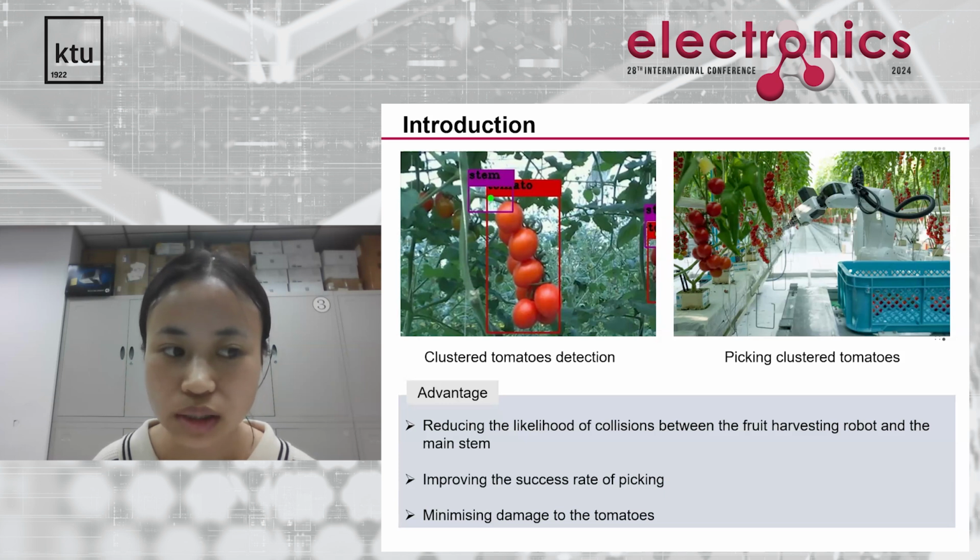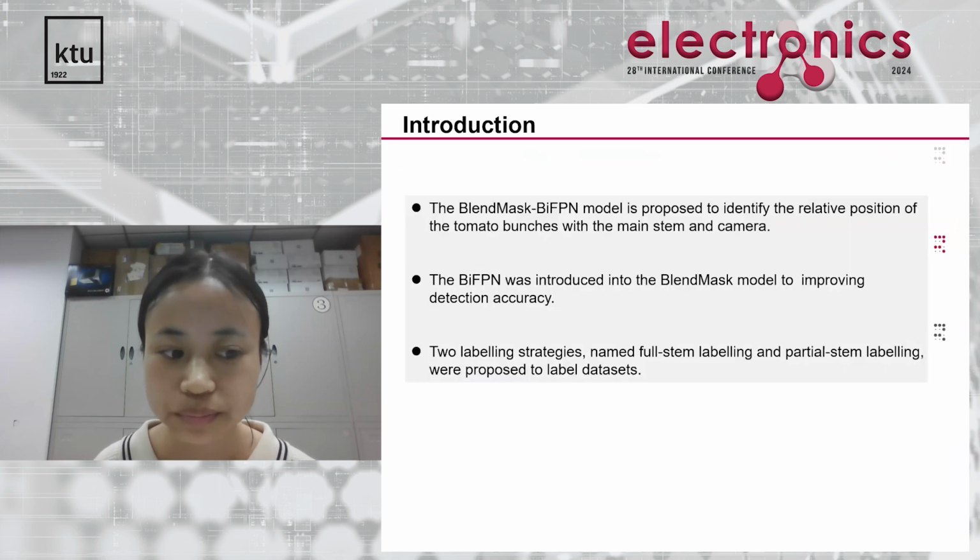To address this, a BlendMask-BiFPN algorithm was proposed for the relative position detection of tomato batches. As a result, this approach significantly reduces the likelihood of collisions between the fruit harvesting robot and the main stem, thus improving the success rate of picking and minimizing damage to the tomatoes during the harvest process.